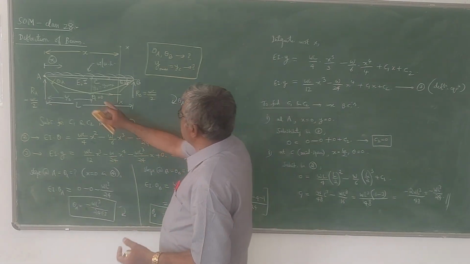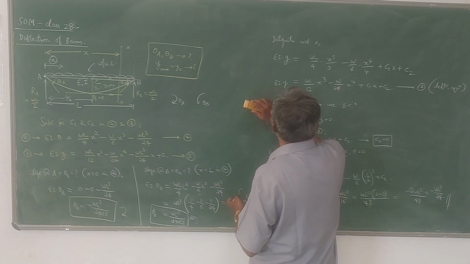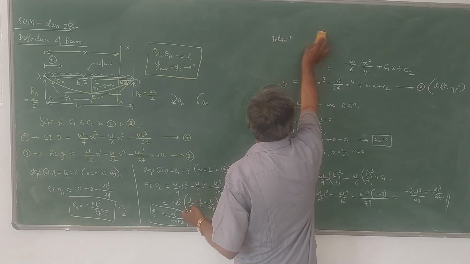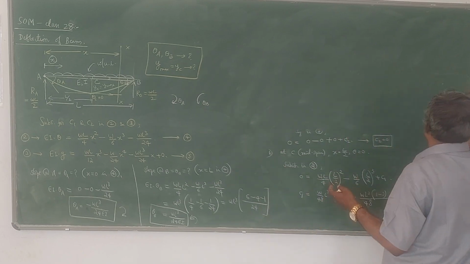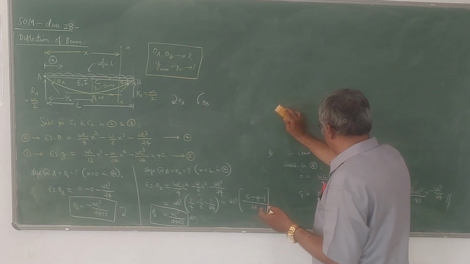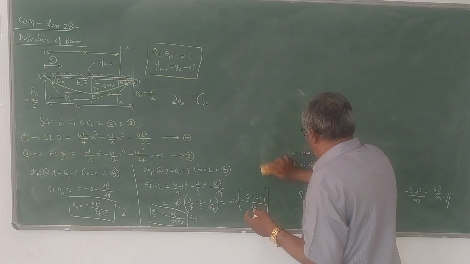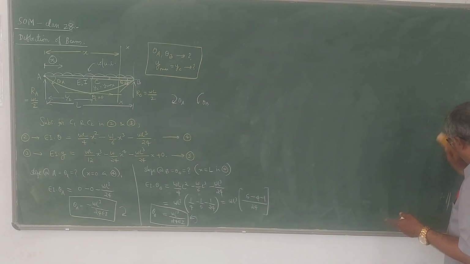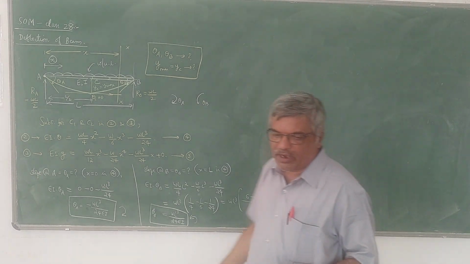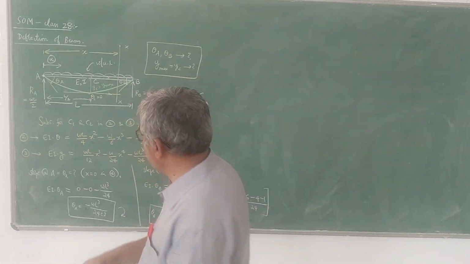Now the next thing is I need the maximum deflection. Maximum deflection occurs at C. At C the value of x is L by 2. So we have to put x equal to L by 2 in equation 5, because we need the deflection.